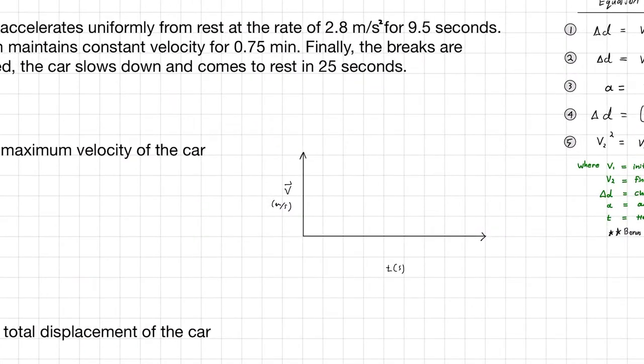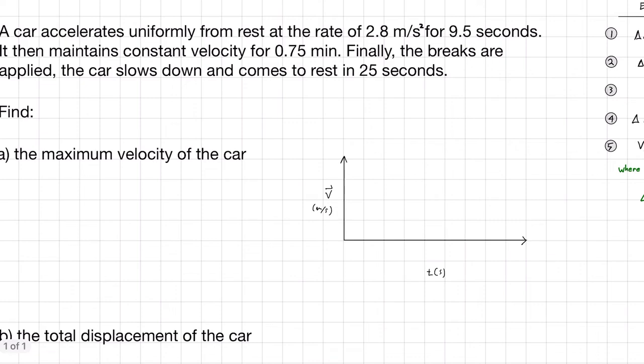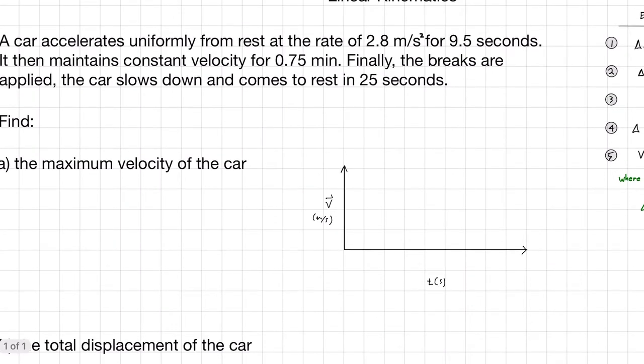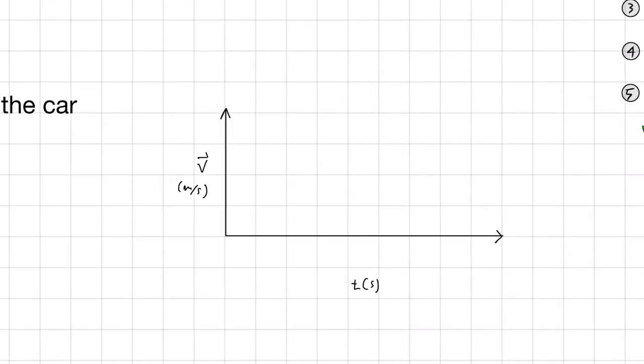And looking at our question, we have a car that is accelerating from rest. So we know that when we are accelerating on the velocity time graph, we'll have a straight line.